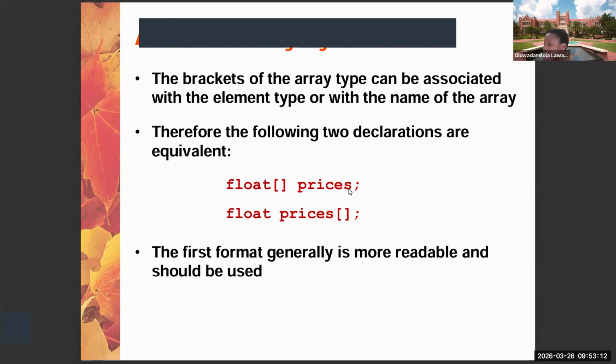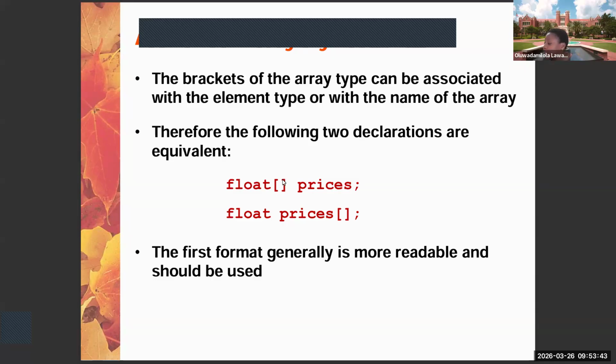Then we have the name of the array. That's just like our variable name itself. So we can also do this in another way. The open and close square bracket can either be attached to the data type of the array or the array name.